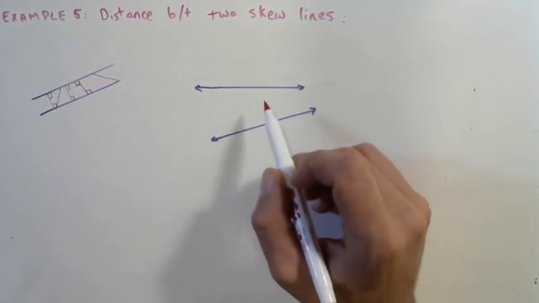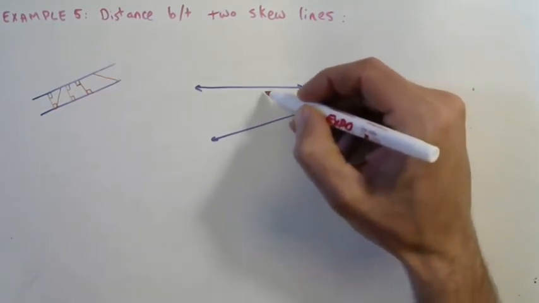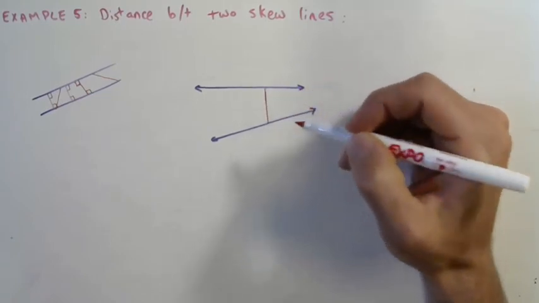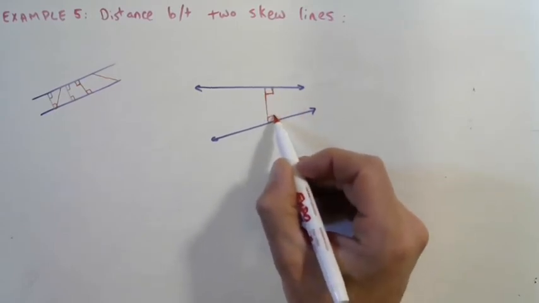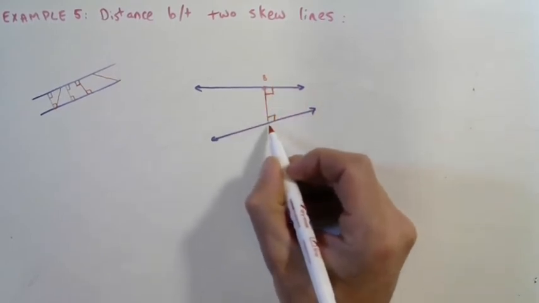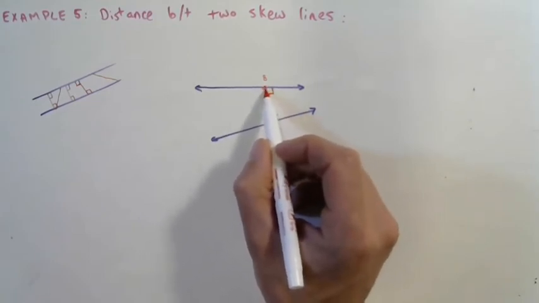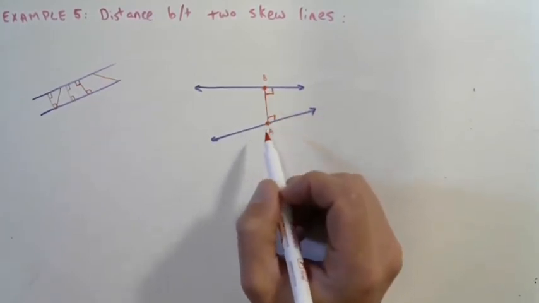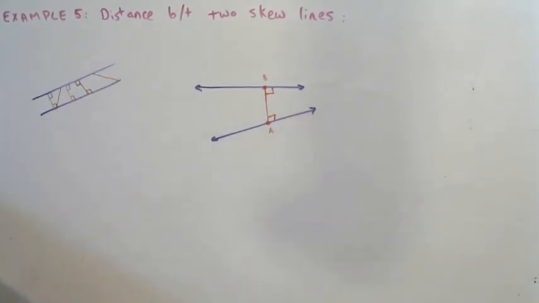So there is a vector that is perpendicular to line 1 and to line 2. It's hard to see this in 3 space, but we can kind of draw it out. Wherever they happen to be closest, there's a vector that's going to be perpendicular to that line and to that line at the same time. We can call this point B and this point A. What we're looking for is finding this point and finding the length of that line. And we're using normals to each line in order to find that common perpendicular line.